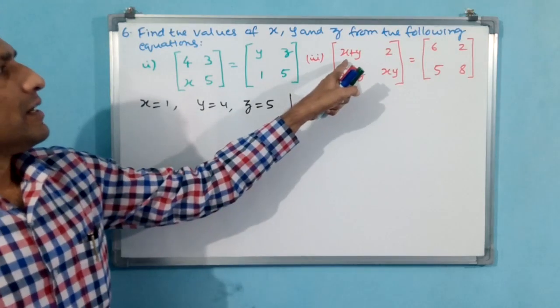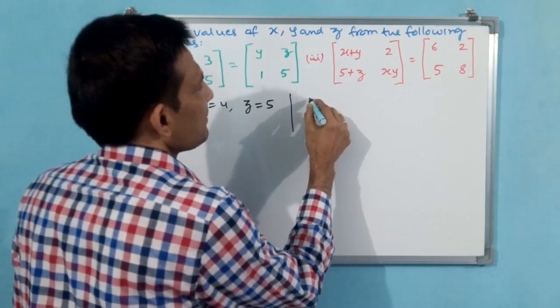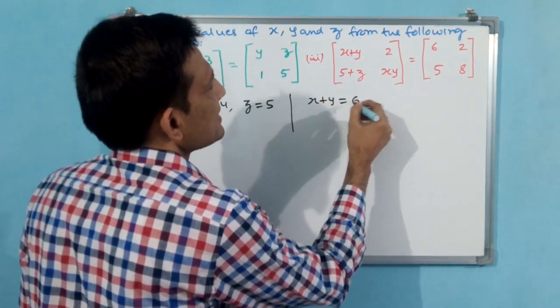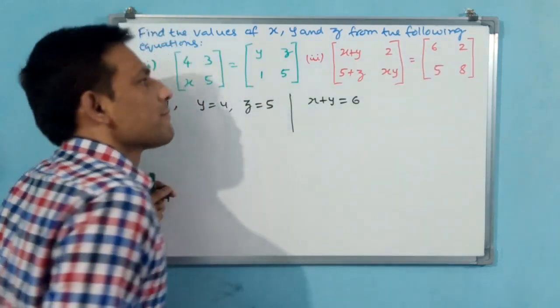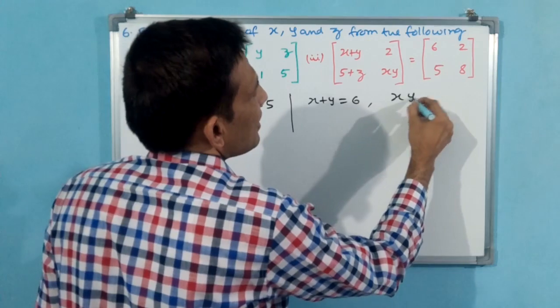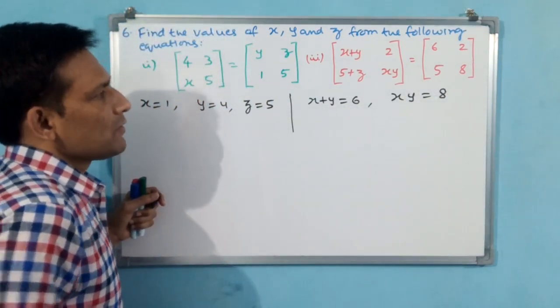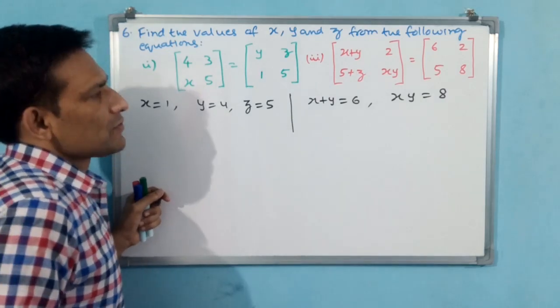Okay, see here. x plus y is equal to 6, you take. Then xy is equal to 8, this also you have to take. Now you can solve this.